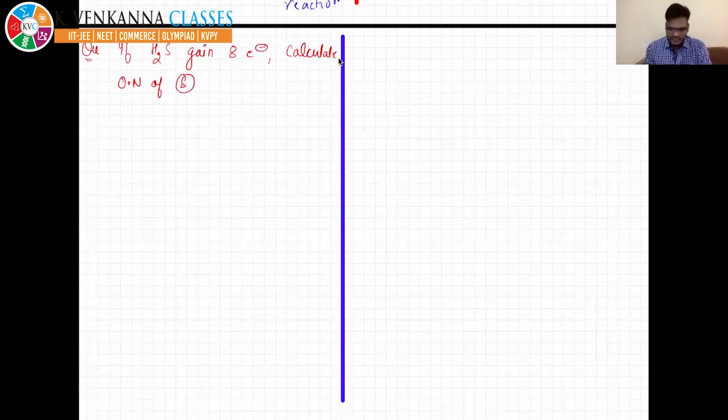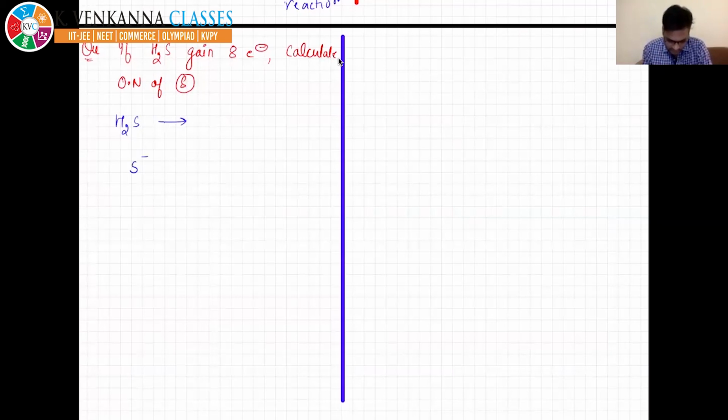Right? So in this case, what will you do? It is H2S. I have told you that generally hydrogen, fluorine, and oxygen will not undergo change in oxidation number, right? So here it is sulfur. Sulfur is present in -2.